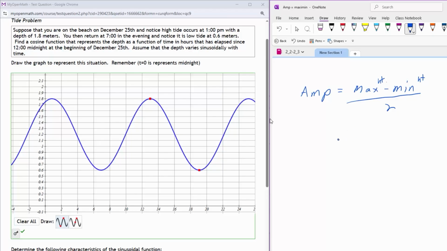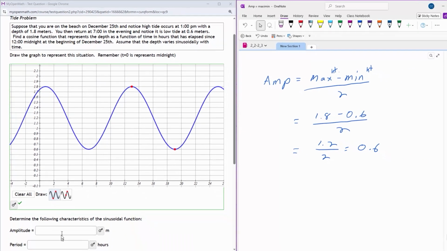So the maximum height is 1.8, and the minimum height was what, 0.6? And so 1.8 minus 0.6 would be 1.2, but this is divided by 2, right? So this is 1.2 divided by 2, which would be 0.6. So we're going to type in 0.6.